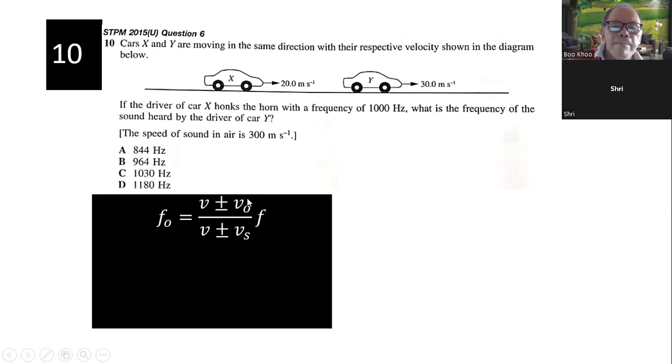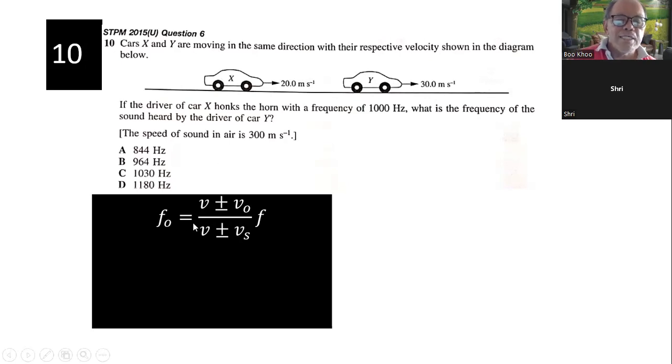Negative. We are looking at Y. Y is moving away. The sound is moving towards it. Negative, okay. How about the bottom there? Negative also because it is moving in the same direction.